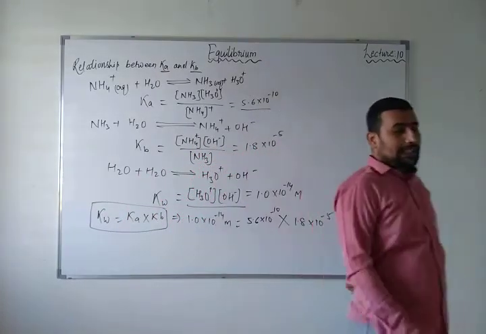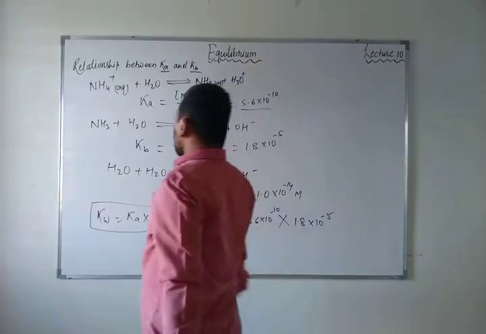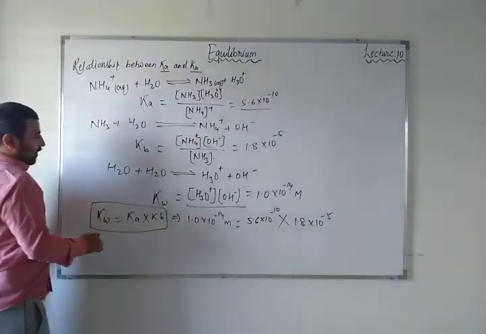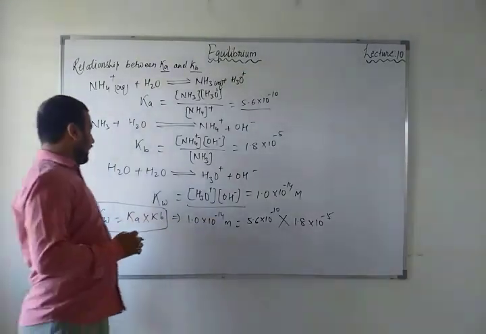Can we write like this? Yes or no? Definitely we can write it. And if you want to calculate the value, remember the formula: the relationship between the ionization constant of acid and base is Kw is equal to Ka into Kb.